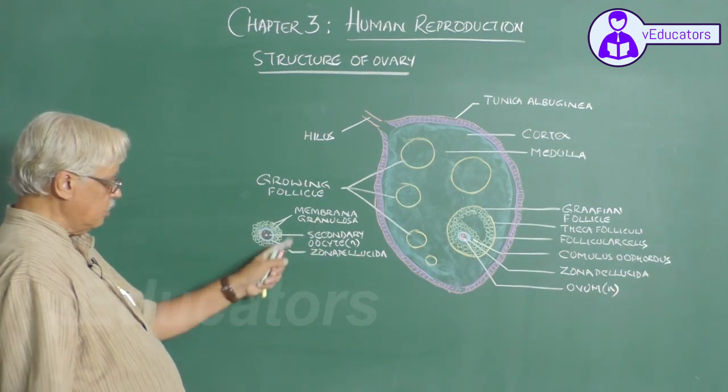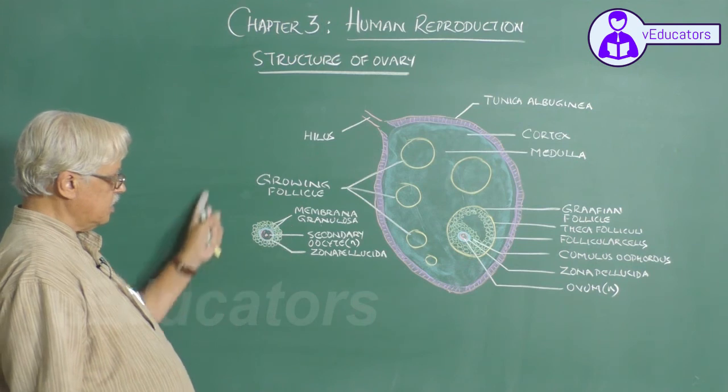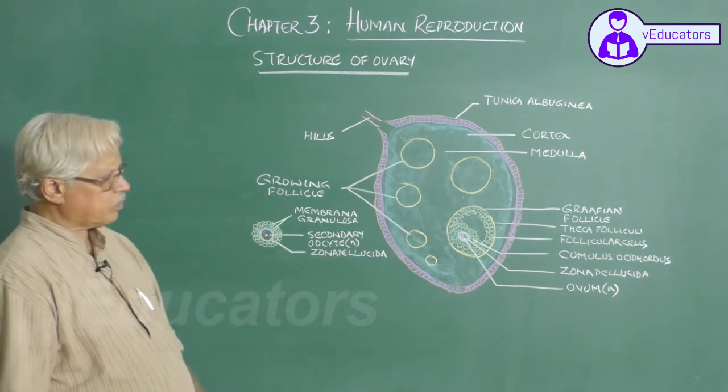Surrounding this is the mound, cumulus oophorus, inside the Graafian follicle.